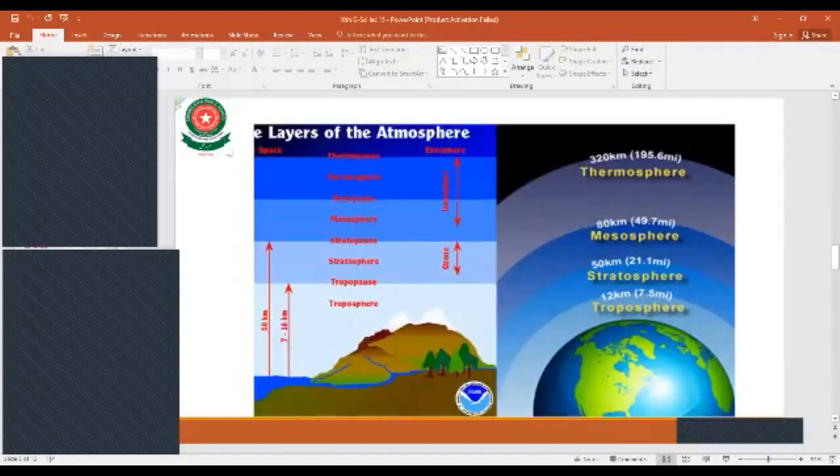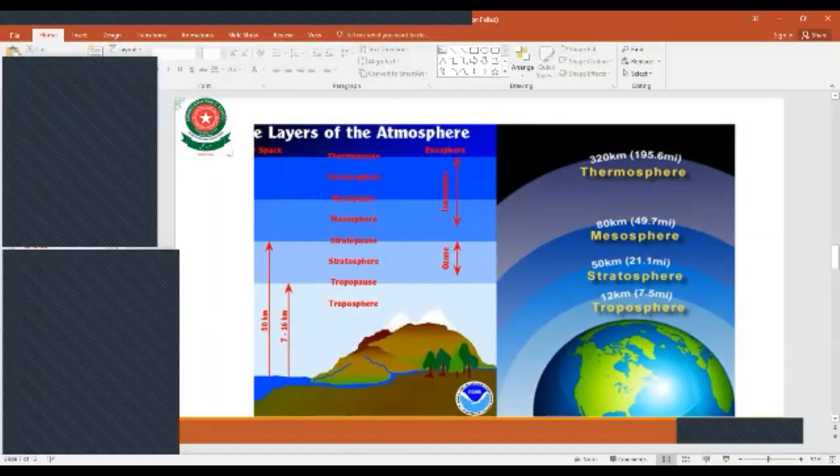I have shown you in a picture the troposphere, which extends 12 kilometers from the earth, or you can say 7.5 miles. Next is the stratosphere, which extends 50 kilometers from the earth, or 21.1 miles. Mesosphere extends about 80 kilometers, or 49.7 miles.